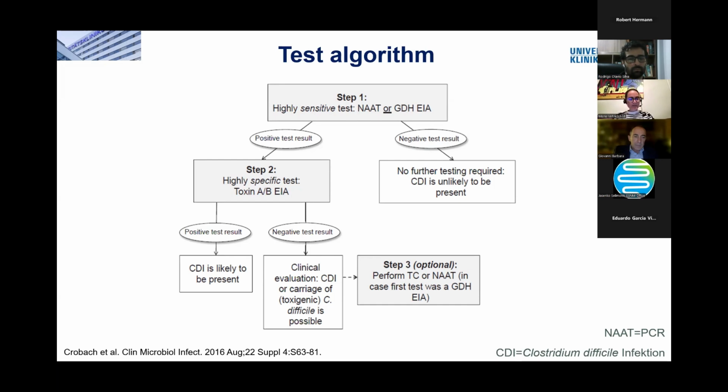The toxins degrade when a sample is not analyzed for some time. So if the transport times are long, or let's say the fecal sample has been standing on the ward or in the lab for a while before it was transported or analyzed, then you can get a false negative test, and that will result in these discrepant results between the highly sensitive and highly specific test.